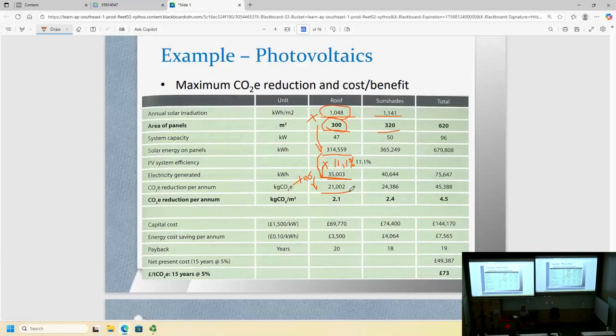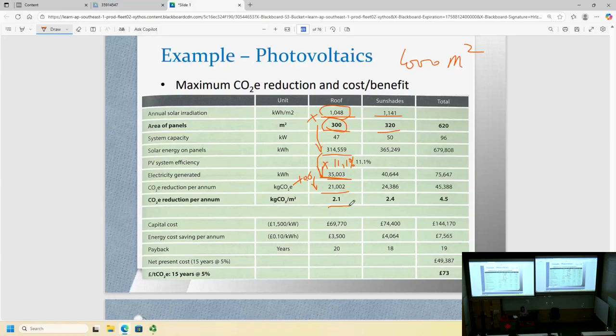And if we divide it by 1,000, which is the 1,000 square meter of internal area, then we have 2.1 kg of carbon dioxide per square meter of floor area.